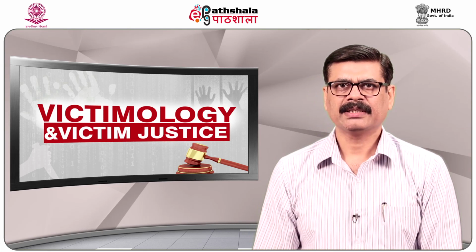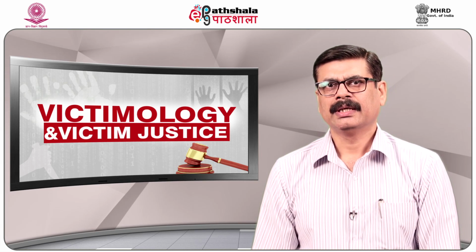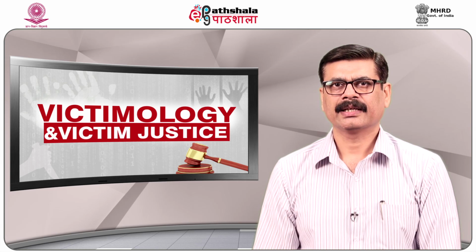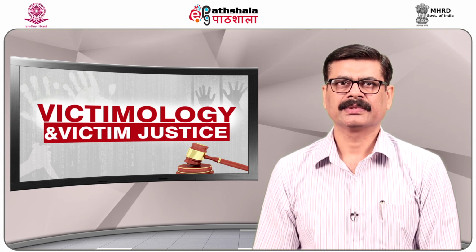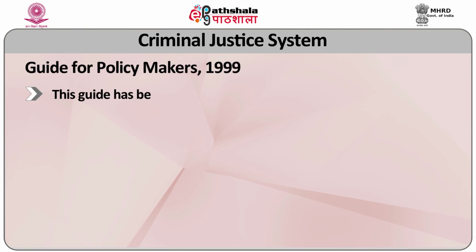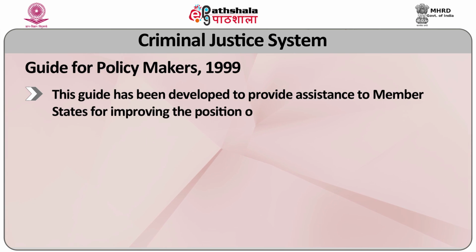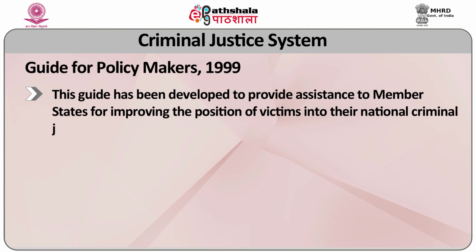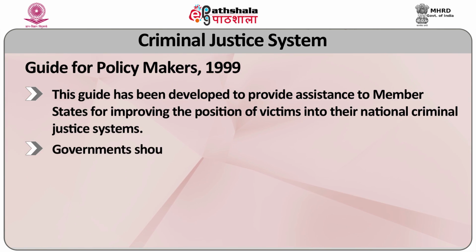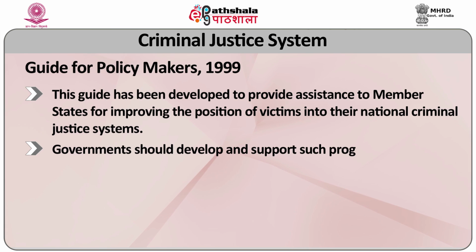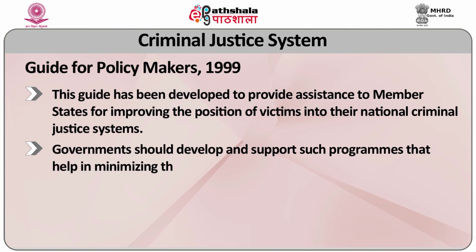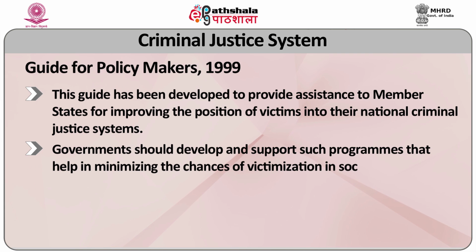Guide for Policymakers, 1992. This is another initiative taken by the UN for victims' rights. This guide has been developed to provide assistance to member states for improving the position of victims in their national criminal justice system. The government should develop such support and programs that help in minimizing the chances of victimization in society.